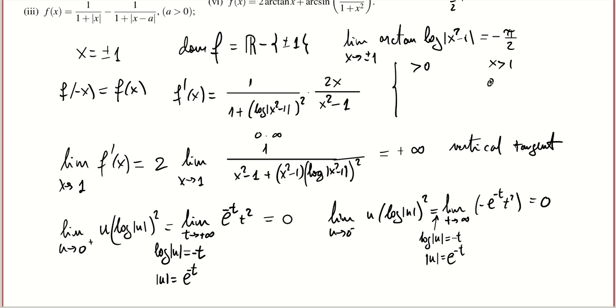If x is between 0 and 1, then this is negative, this is positive, so this is negative. If x is between minus 1 and 0, then this is negative, so it's going to be positive, which is also something that we could have guessed because of the symmetry of the function. And finally, if x is smaller than -1, then this is positive again, and this is negative, so the product is negative.